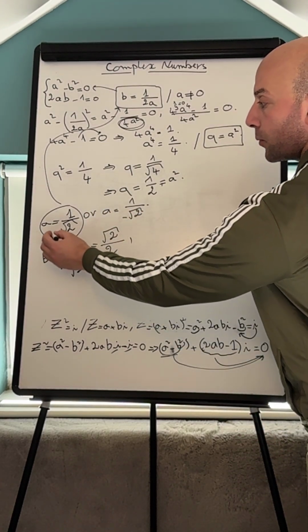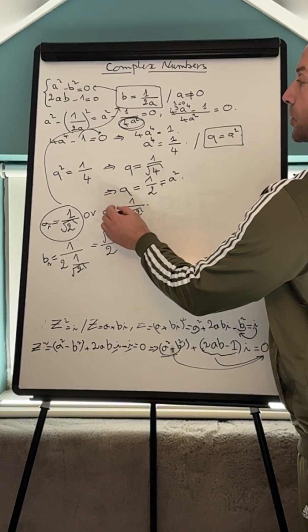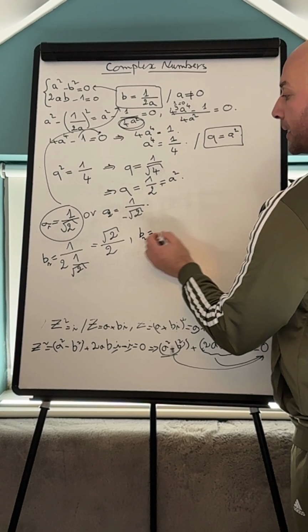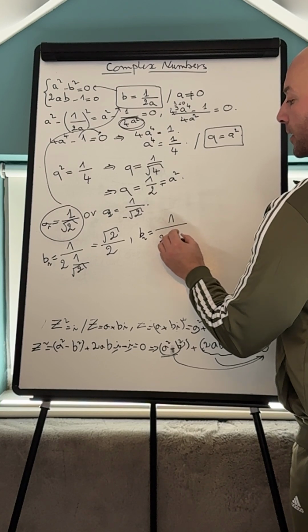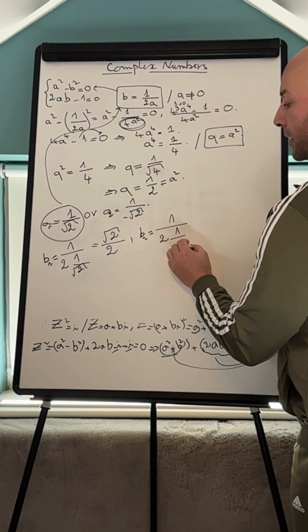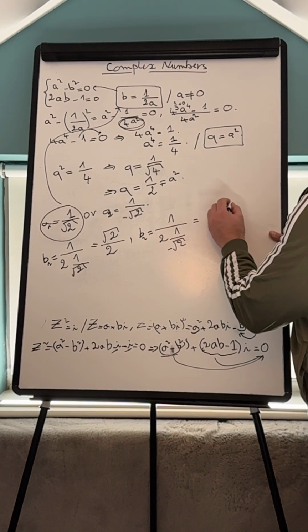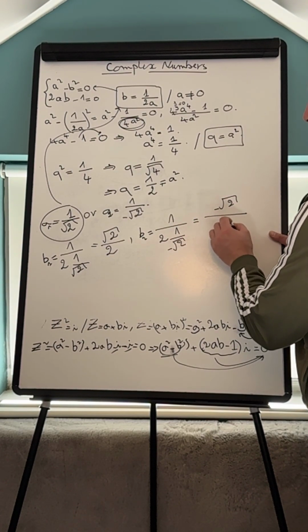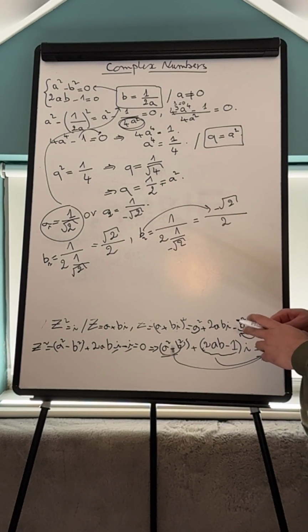First b1, if this is a1, this is going to be b1. If we say a2, then we have to find b2, which is basically the same: 1 divided by 2 times minus 1 over the square root of 2, giving minus the square root of 2 divided by 2. This is going to be b2, and then we find our a and b.